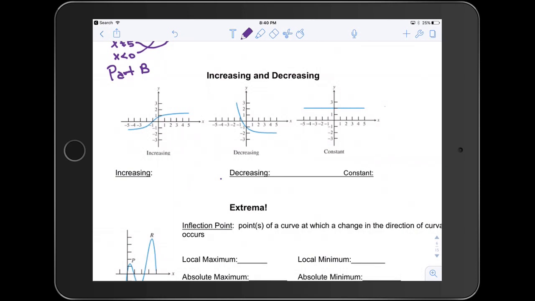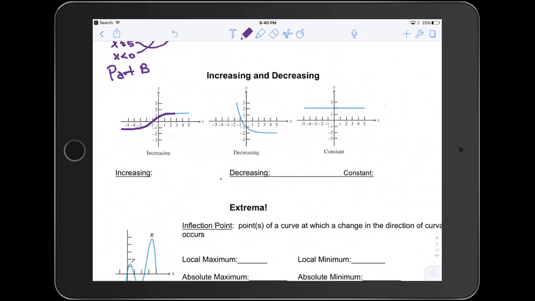This is where we're going to talk a lot about special properties of functions, and let's first talk about increasing and decreasing functions. Pretty straightforward as far as that goes. If you look at this first one here, when you're seeing the graph constantly increase on the y-axis, that's going to be increasing.